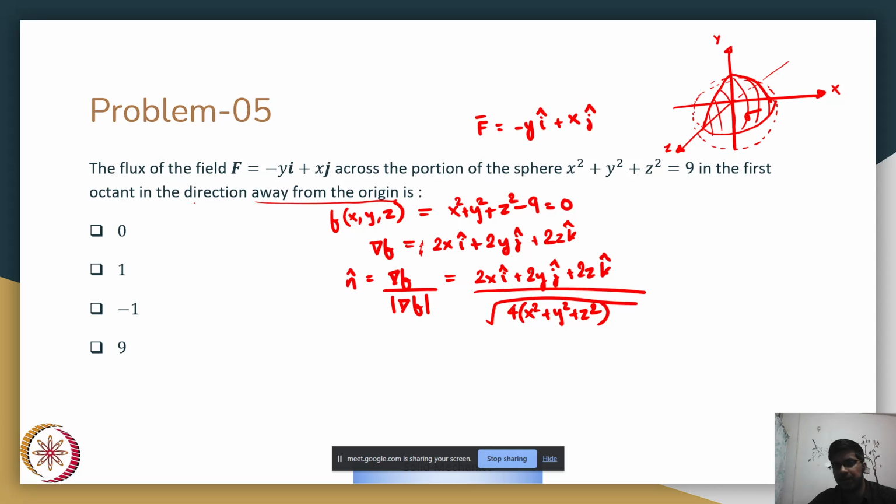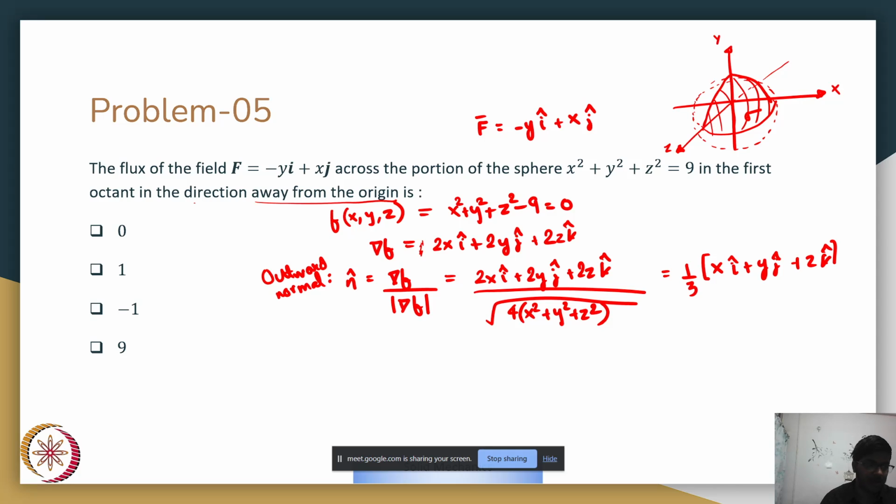If we take the square root of 36, we get 6. If we divide the whole thing by 6, we get 1/3 of x i hat plus y j hat plus z k hat. So this is my outward normal.